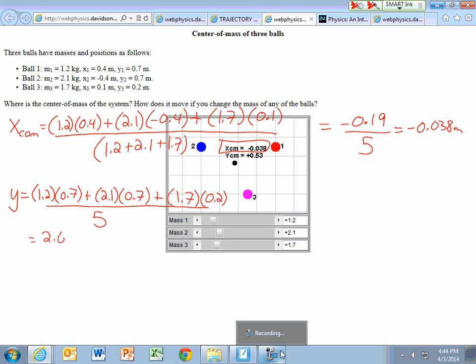So you get 2.65 over 5, which is 0.53, which again agrees with the calculation there.